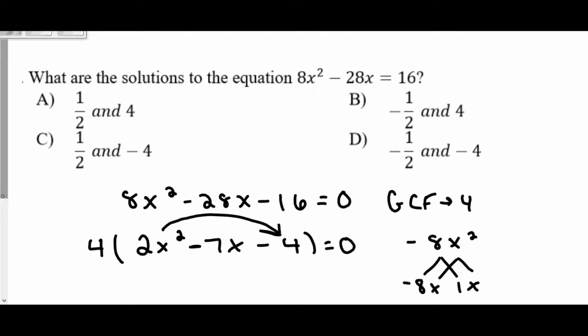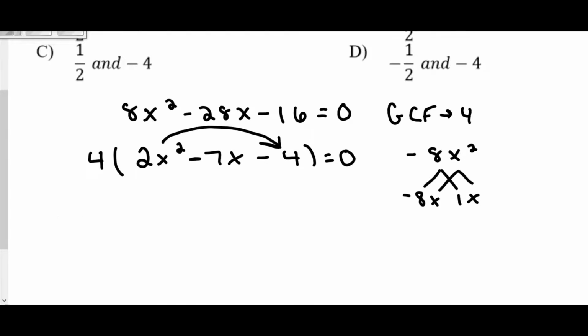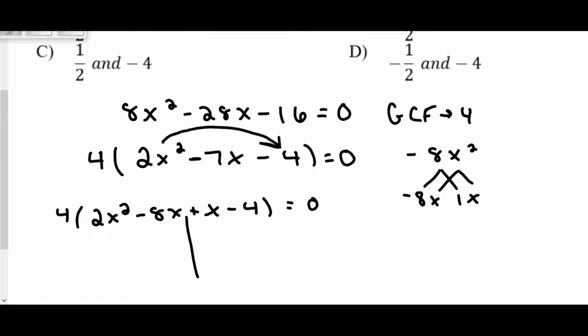So then I'm going to substitute this into my equation. So 4 times 2x squared minus 8x plus x minus 4 equals 0. Split it down the middle. I'm going to look to pull a GCF from both groups. So here's my first group. I can pull out a 2 and an x.